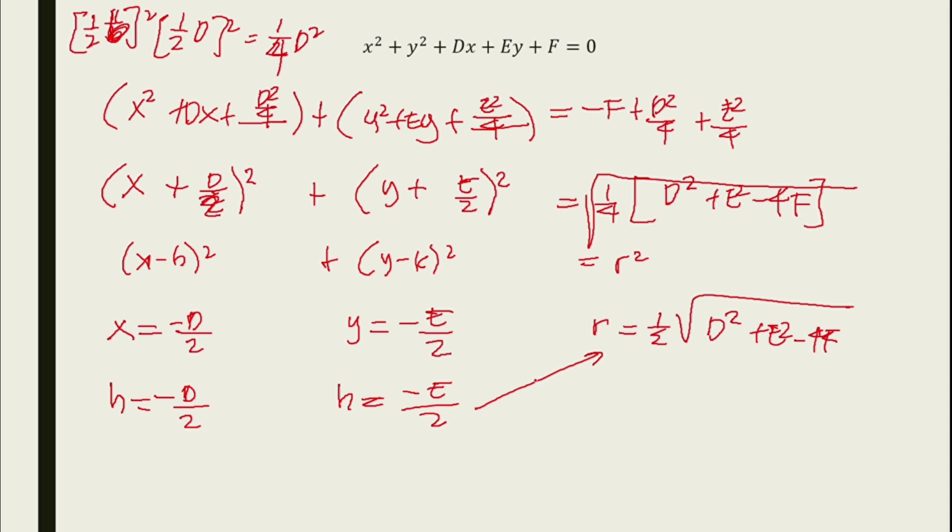These are the formulas for finding the center (h, k) and the radius of the circle.